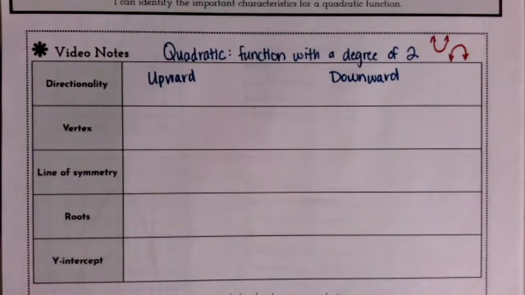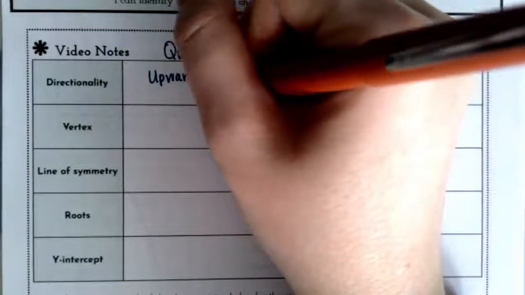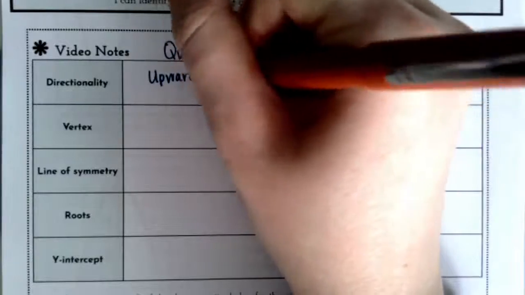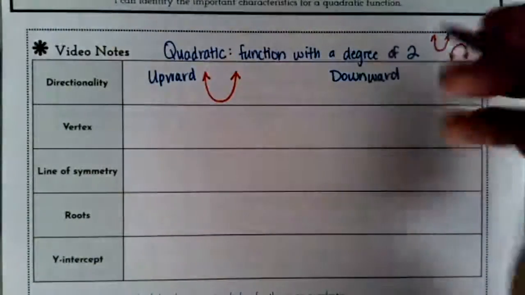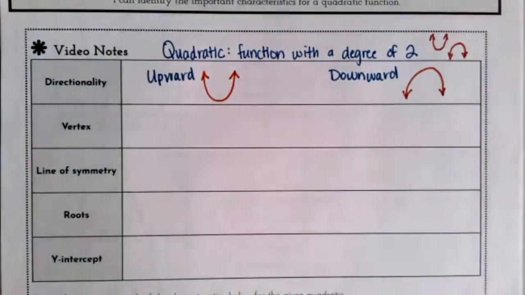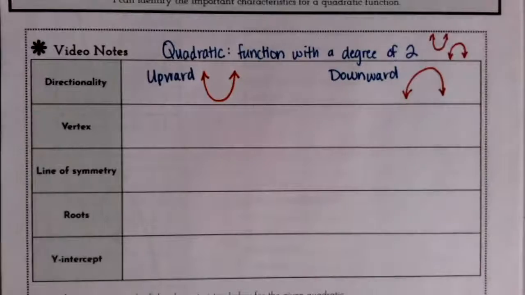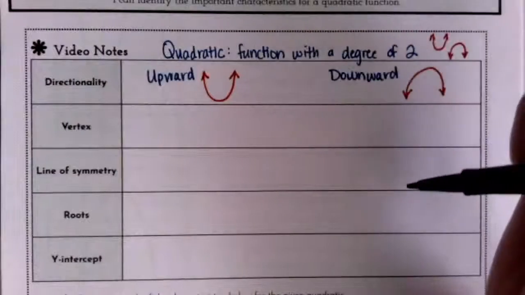And this is really referencing where the quadratic opens. So an upward facing quadratic opens up. It has arrows that point up. And downward opens down, has arrows that point down. So you just need to figure out if it opens up or down and say that for the directionality.